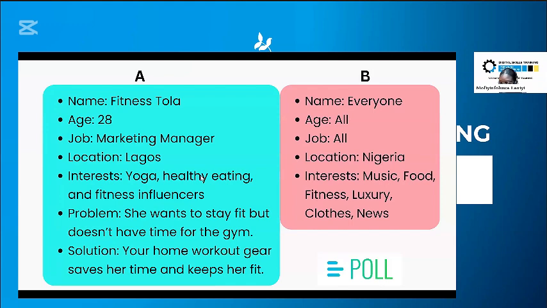Dorcas even already typed in the group saying A. Dorcas, why do you think it is A? I need you guys to type in the group why you think A is a better option. I can see a lot of people saying A. We're still waiting for the results of the poll. Joy, you're right. Joy says A is more detailed.